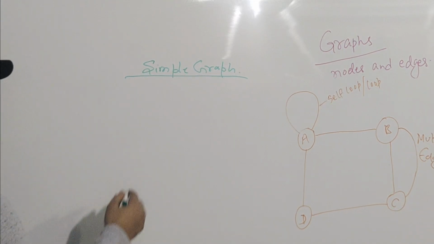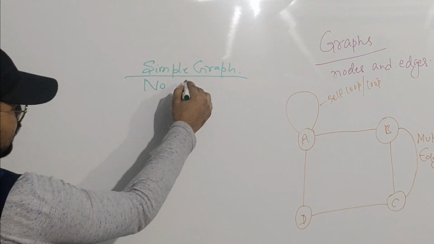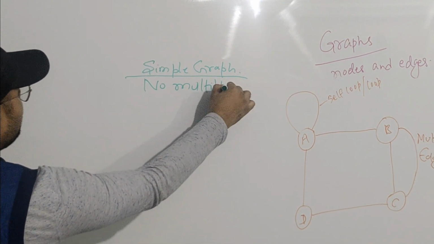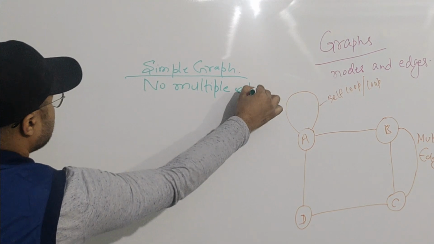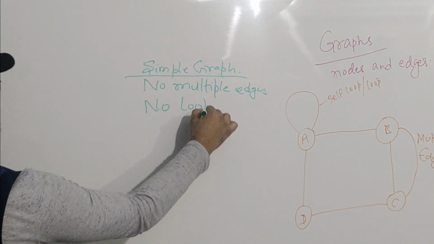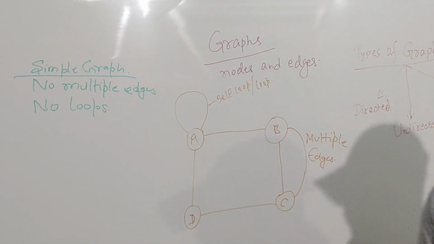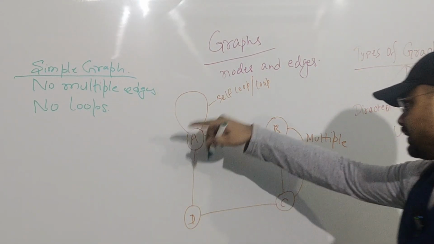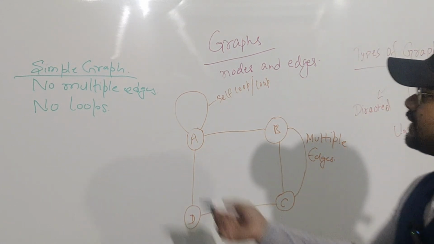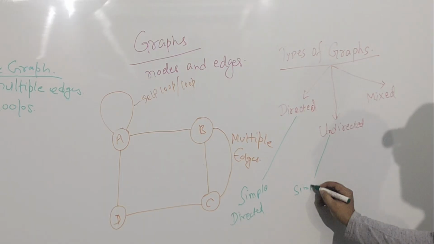A graph that has no multiple edges and no loops. That is a simple graph. It goes for both directed and undirected. So if it's a directed graph, then it's a directed simple graph, and if it's an undirected graph, then it's an undirected simple graph.